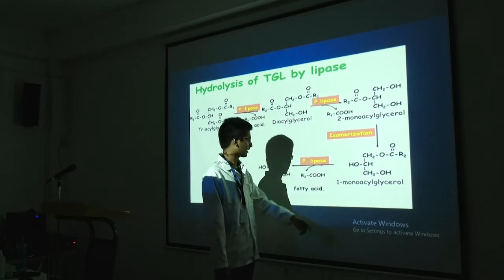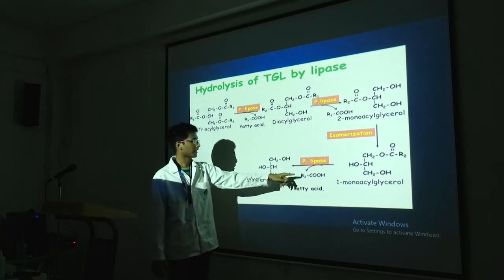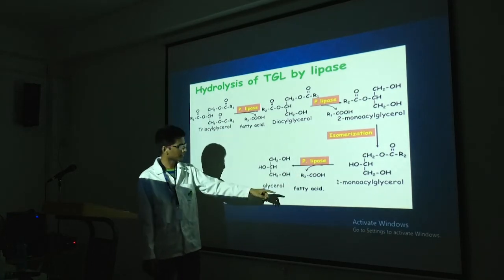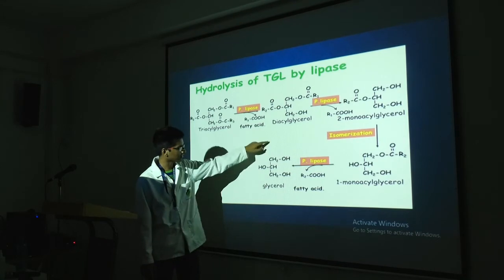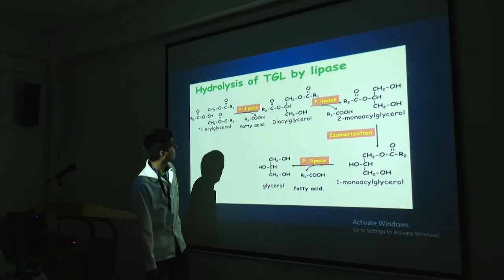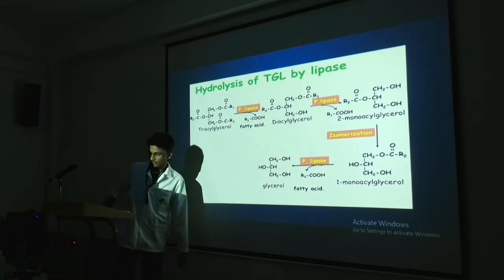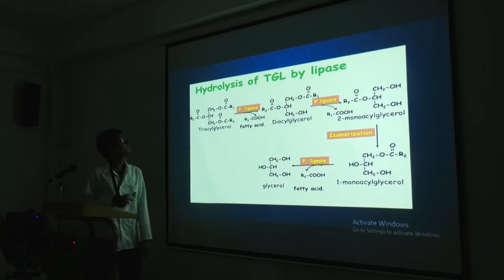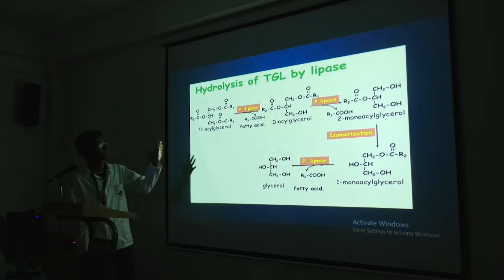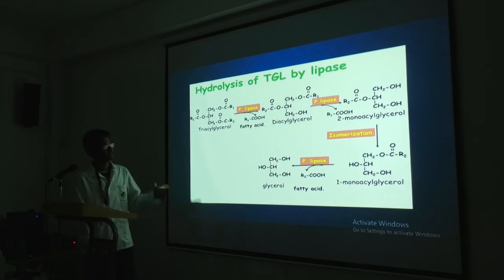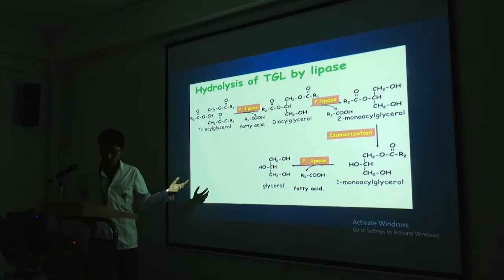Isomerization occurs to 1-monoacylglycerol, then again release of carboxylic acid and formation of fatty acid plus glycerol. This is the glycerol molecule which will be absorbed in the intestine. So this is all about hydrolysis of triacylglycerol by pancreatic lipase. It is very important, and pancreatic lipase works at pH 8.6.